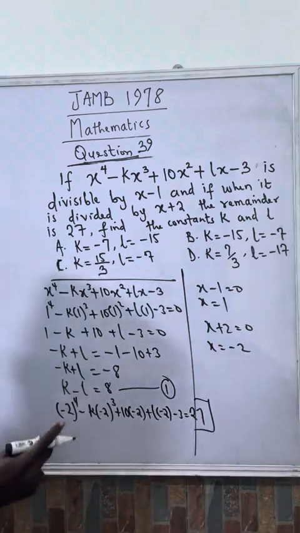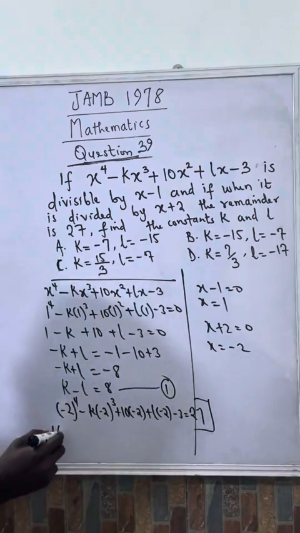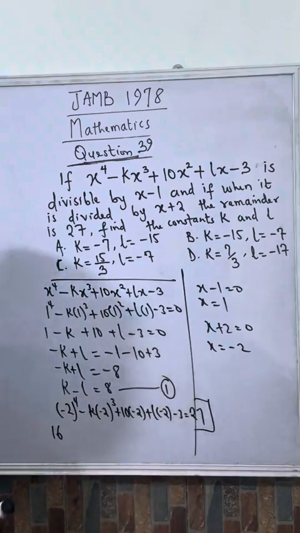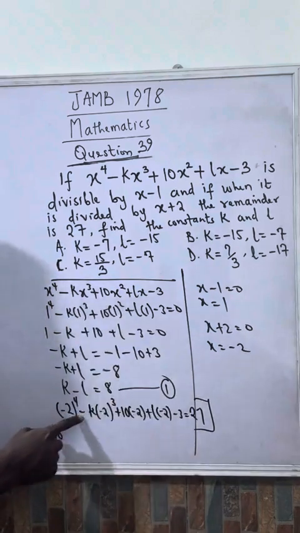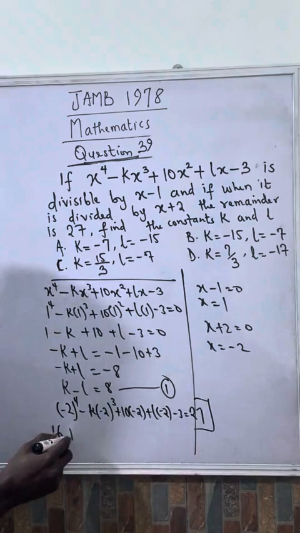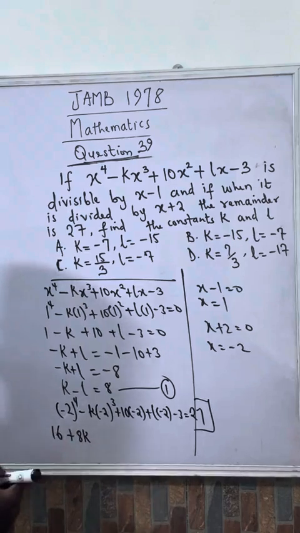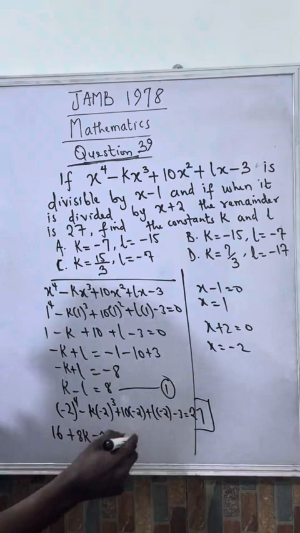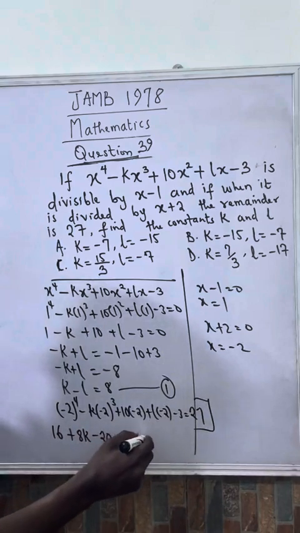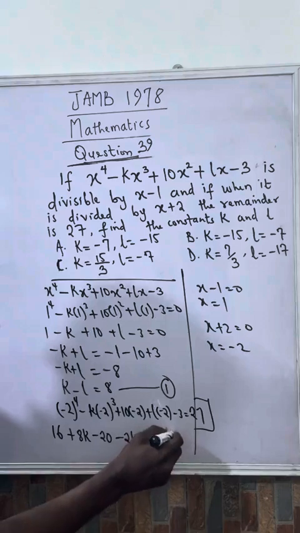So let us simplify this. This will give me positive 16, since -2 raised to 4 is positive. But this is -8, times -k, that will give me positive 8k. Then this will give me plus 40. Then this is -2l minus 3 equal to 27.